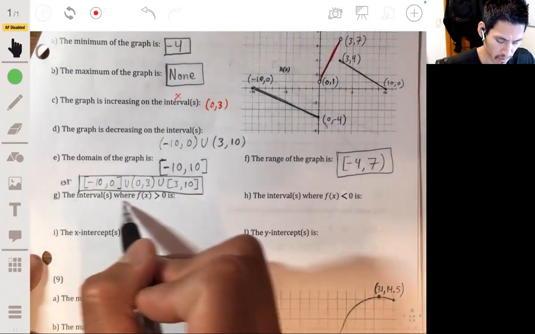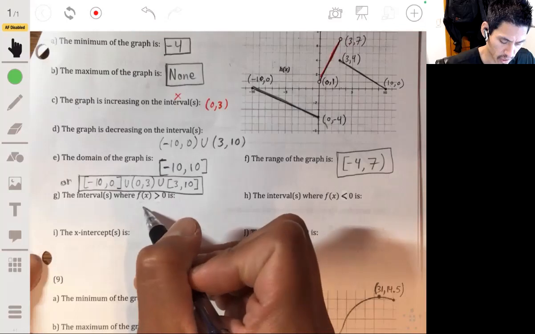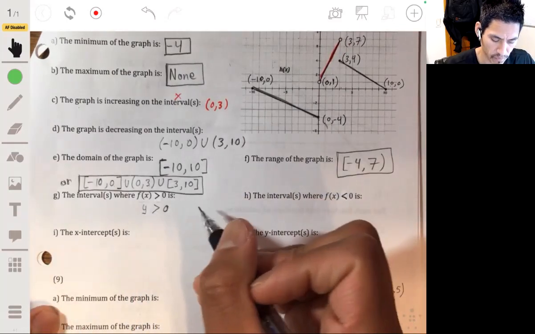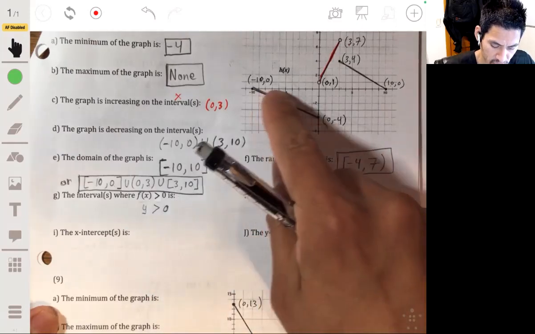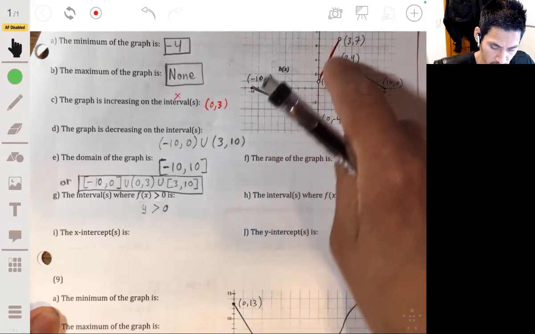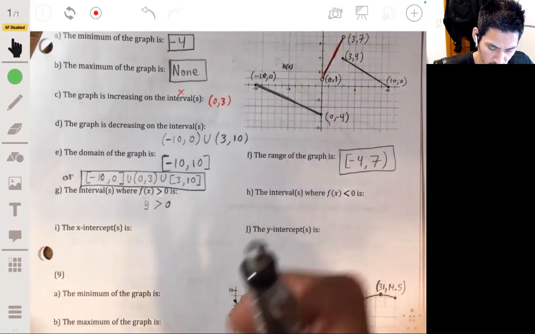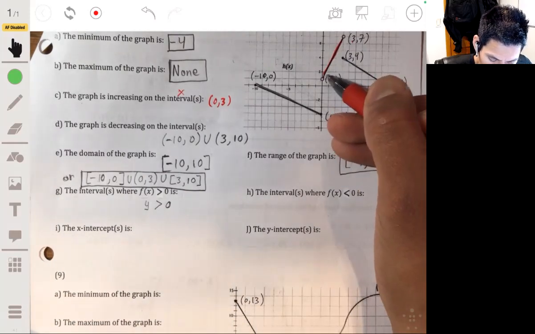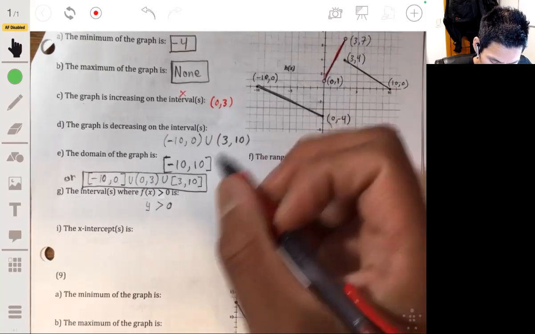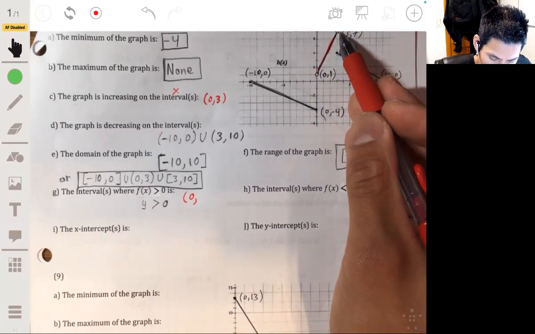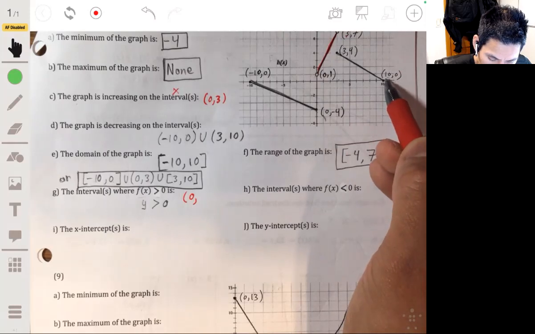Right, the intervals where f of x is more than 0. So when is y more than 0? It's more than 0, not here, but it's more than 0 on this red portion. So we can say 0 to 3, but also it's more than 0 up to 10.